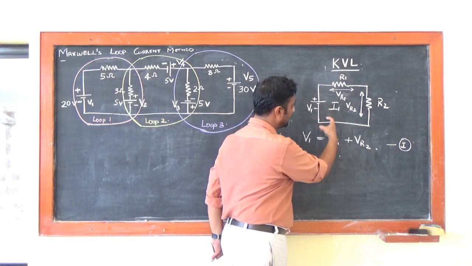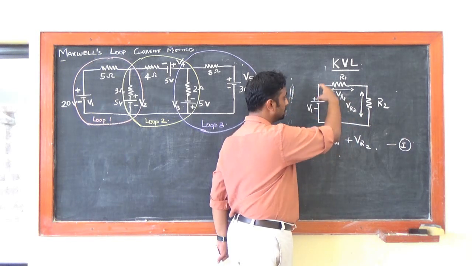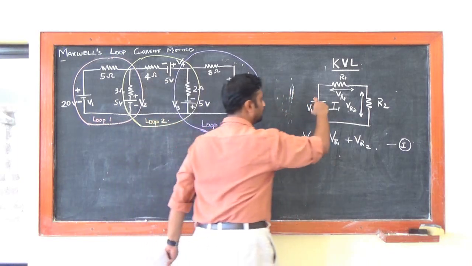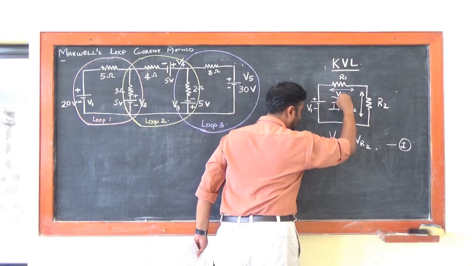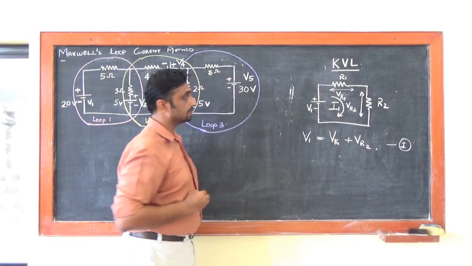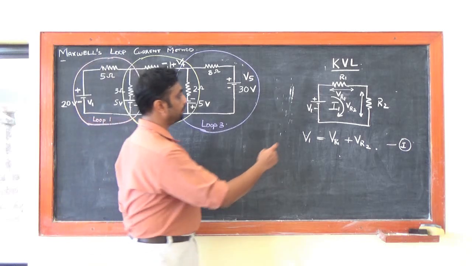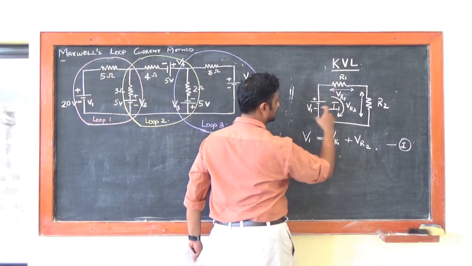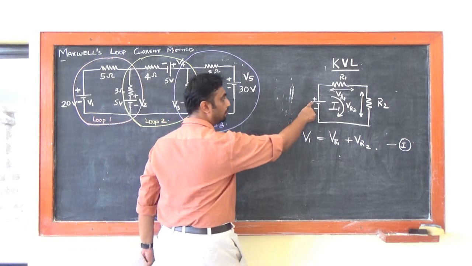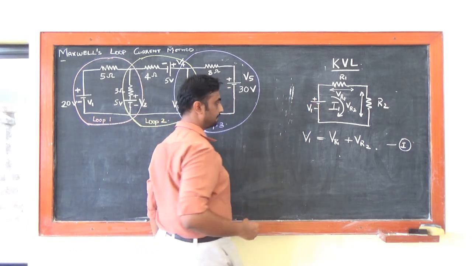Electron flow is from negative to positive, but current flow is always the reverse of the electron flow. So obviously my direction is going to be clockwise. So we have a clockwise direction for I. This is known because there is only one voltage source which is positive and negative.